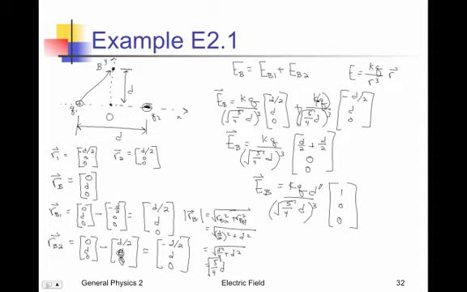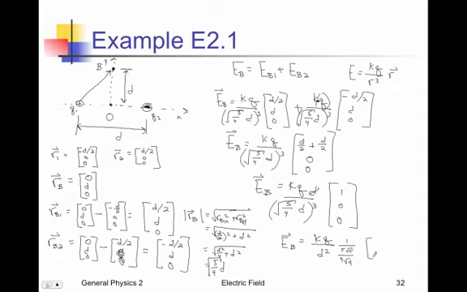I can cancel one of these D's with one of these D's, so I'm going to end up with E_B equal to kQ over D squared times 1 over the square root of 5/4 cubed, which is 5 times the square root of 5 over 4 times the square root of 4.